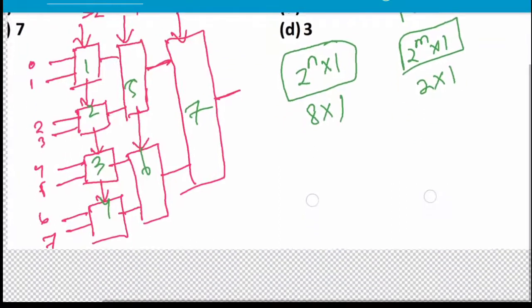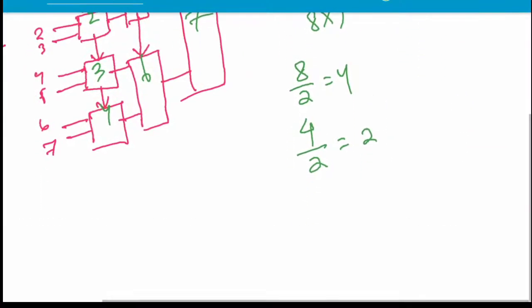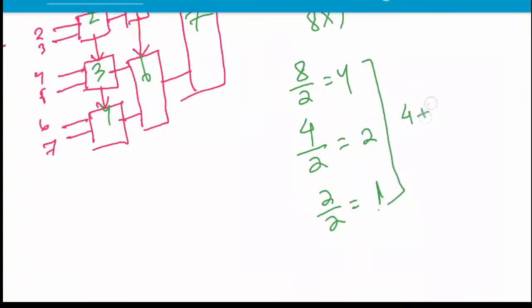So how will we do it? First 8 by 2 which is equal to 4, then 4 by 2 which is equal to 2, and then 2 by 2 which is equal to 1. So we have to add these 3, 4 plus 2 plus 1, this is 7.